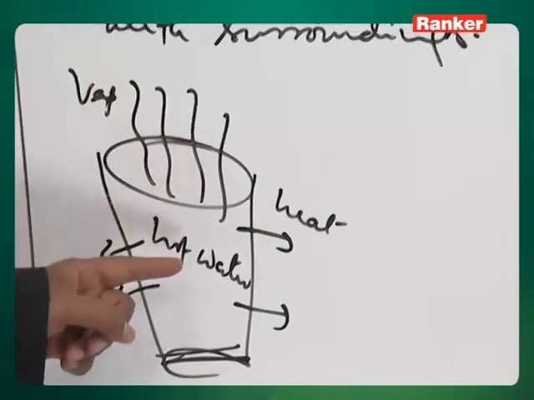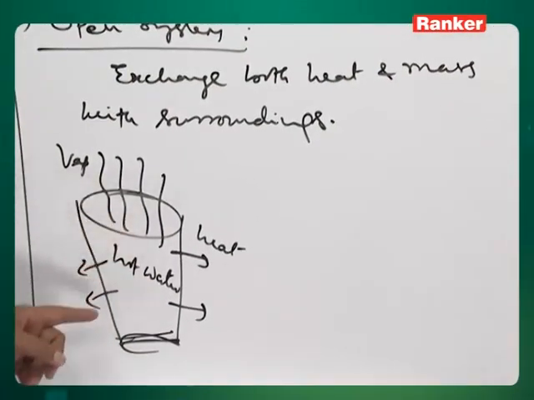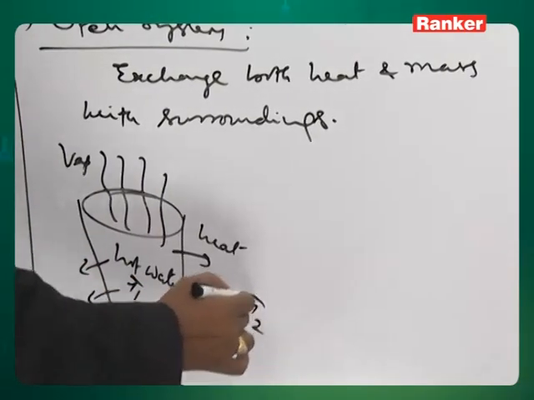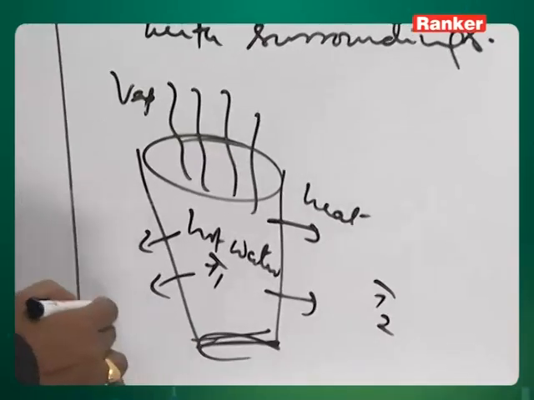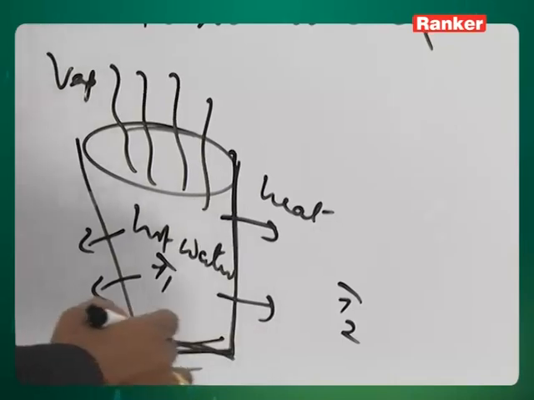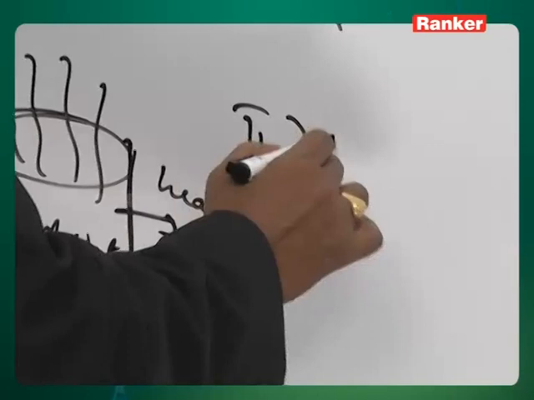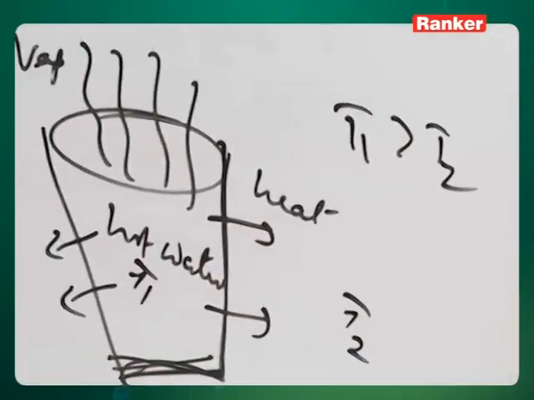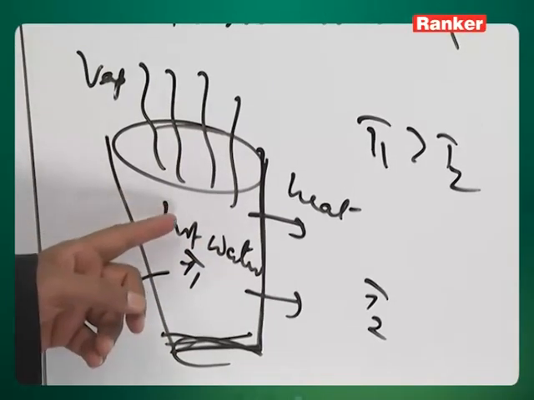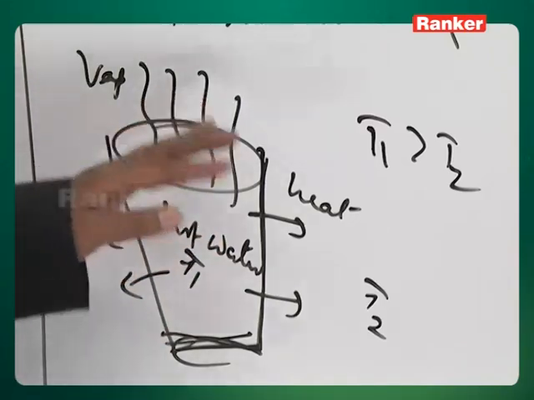Initially it is hot, but as time proceeds the temperature decreases, because this is the system at temperature T1, this is the surroundings, and they are separated by this boundary. Surroundings are at a lower temperature, T1 is greater than T2. As a result, after some time the heat will exchange with the surroundings, the system will get cooled, and the temperature decreases.